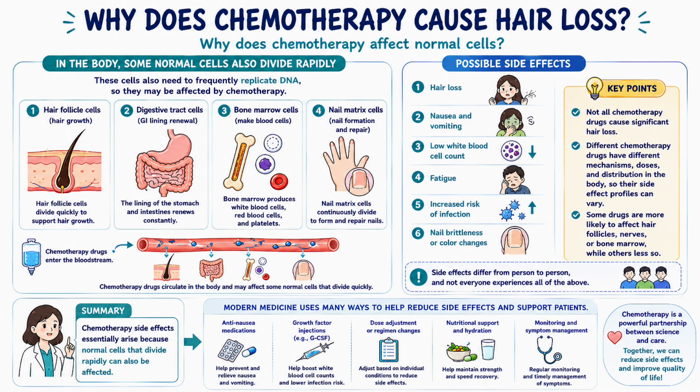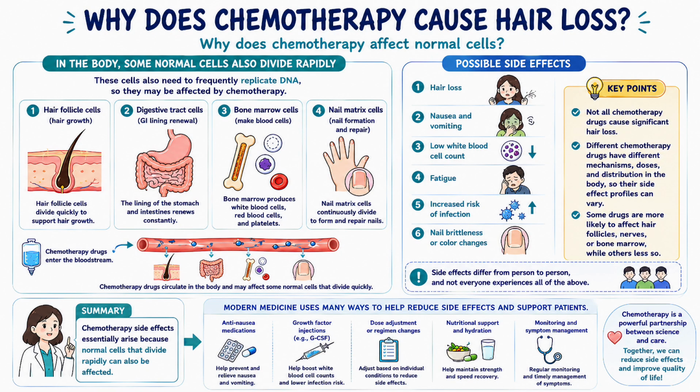Right now, cancer care has made tremendous progress in helping patients manage these side effects. For example, we now have highly effective anti-nausea medications that can prevent or reduce chemotherapy-related nausea and vomiting.